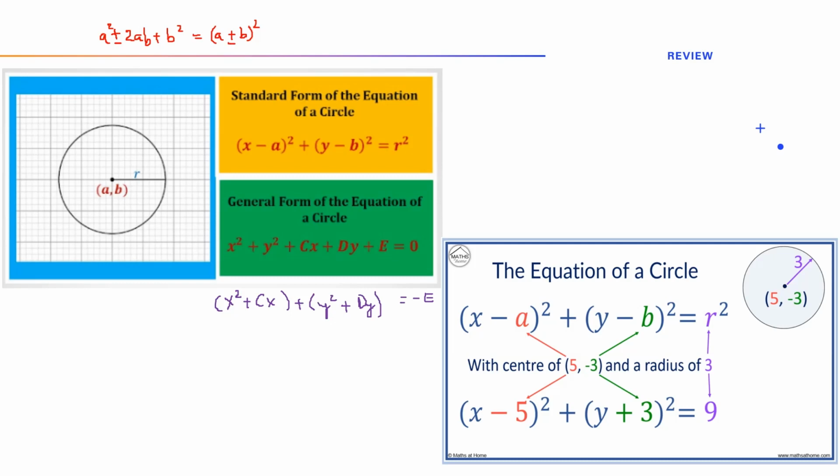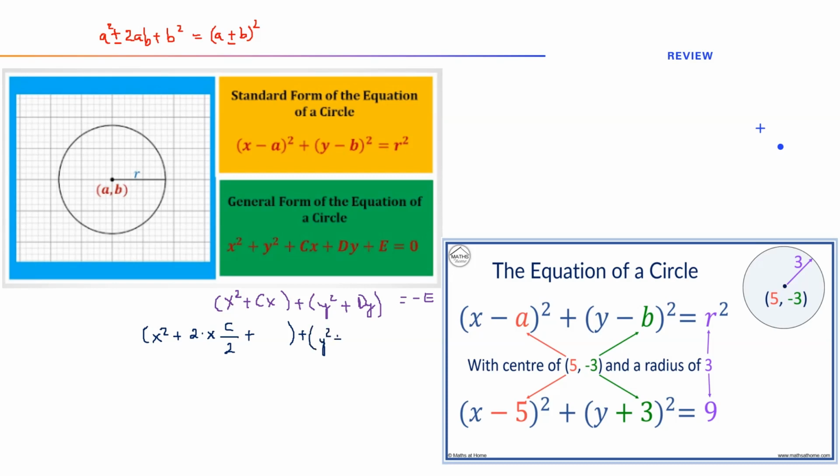And if we do that, we will break this one into x squared plus 2 times x times c divided by 2. We do c divided by 2 because we can cancel with the 2 in the front. So that makes it cx. It doesn't change anything, right? And then we have the y squared.